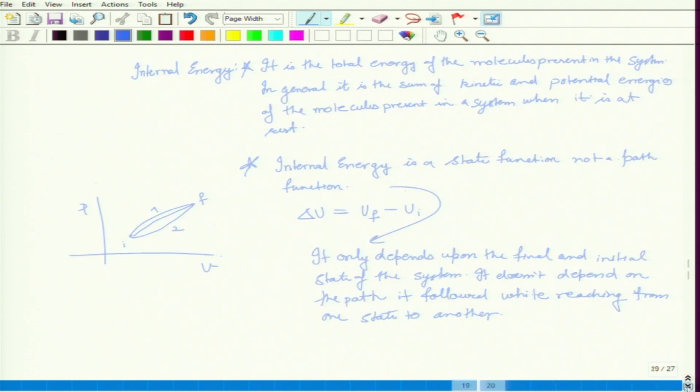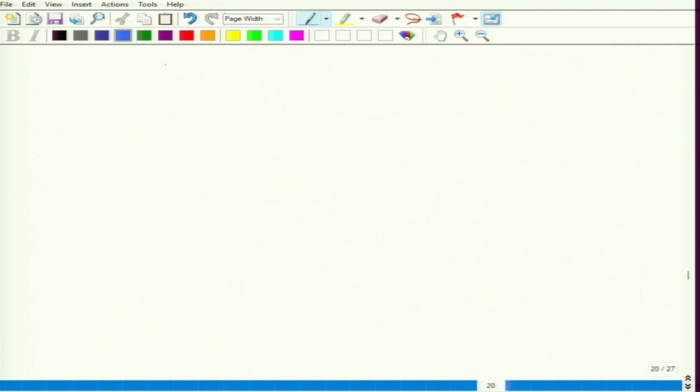At last, if we take an isothermal system, can you tell me what is the change in internal energy if it is going from one state to another?